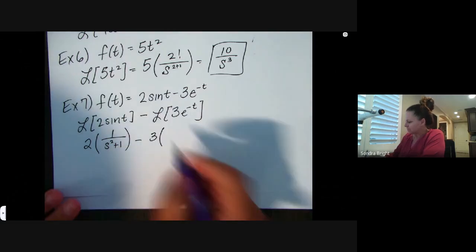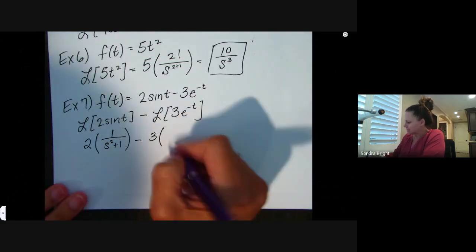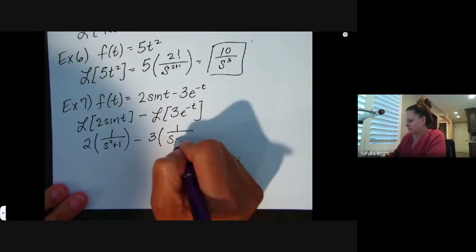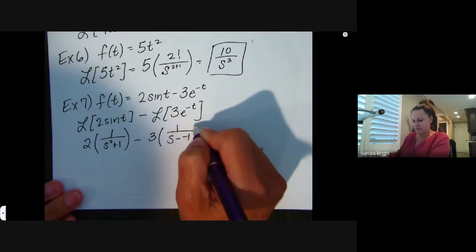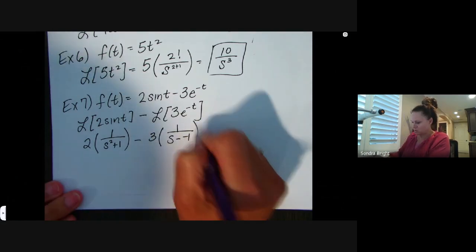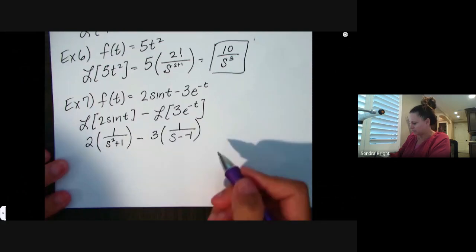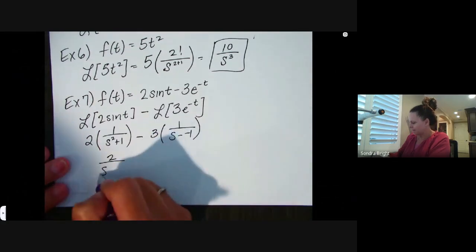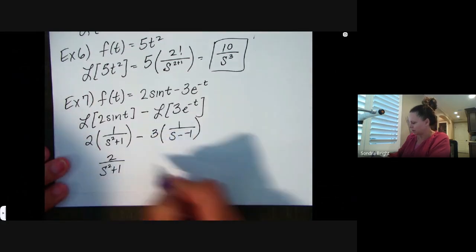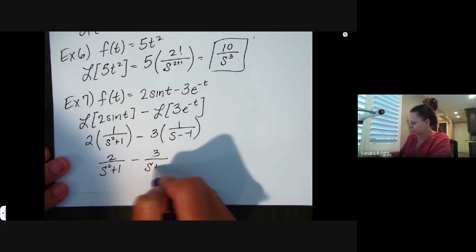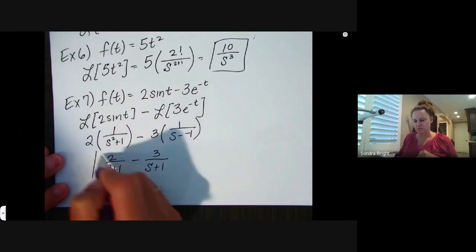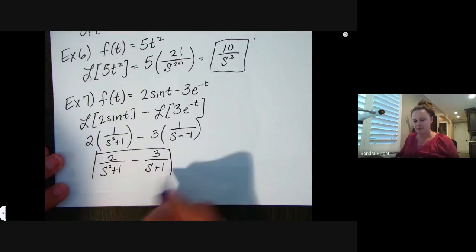E to the negative t would be a 1 over s minus negative 1, like that. And so then we've got 2 over s squared plus 1 minus 3 over s plus 1. There's the Laplace transform on that guy.